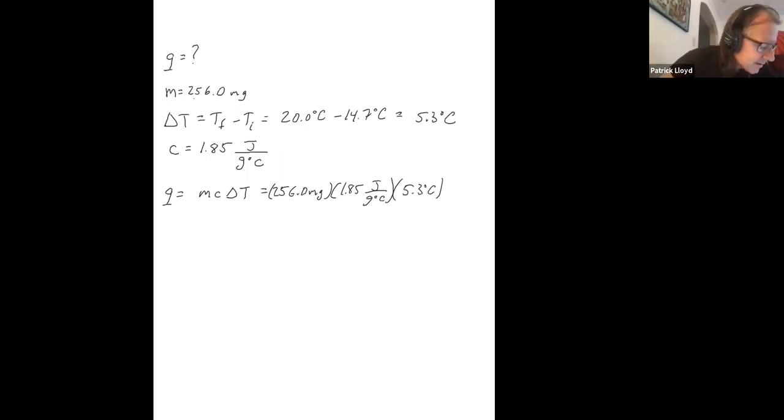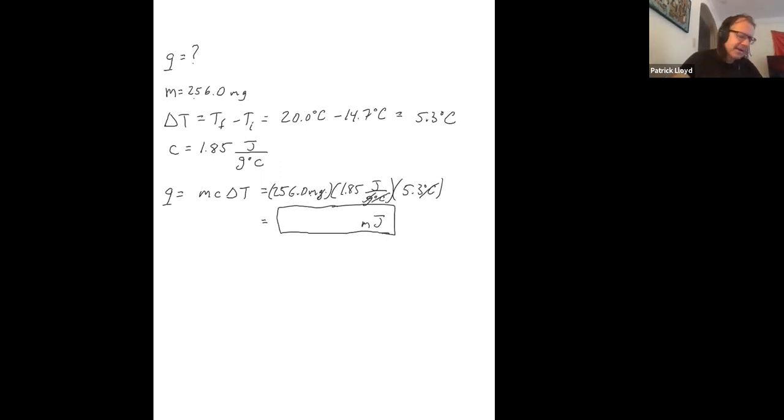Degrees Celsius is in the denominator, so it will cancel with that one right there. The grams will cancel, but we're going to have milli, right? We can't cancel the milli here because this is not milligrams, it's just grams. So you can only cancel the grams. So our answer then is going to be in millijoules, which might be okay. So some problems, that's okay to have your answer in millijoules. I'll show you either way.